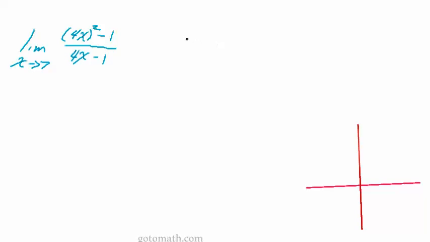Now I'm going to write this function notation here where f of x is actually equal to what we're evaluating our limit to approach there.